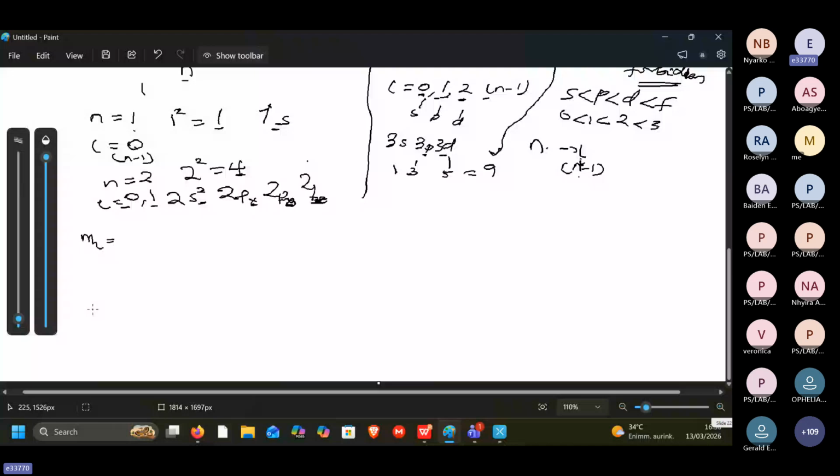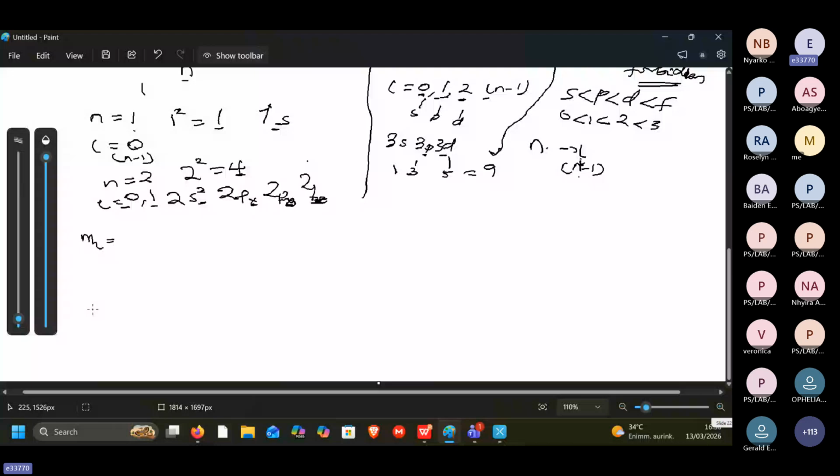And of course, the orientations of the orbitals are also a result of the energy level, which will give rise to the shape of the orbital. So in each energy level, we can have different shapes of orbital. That's the S orbital, P orbital, D orbital, and the rest.